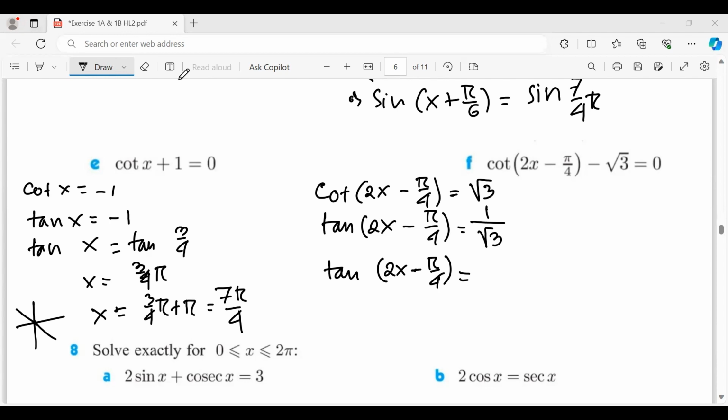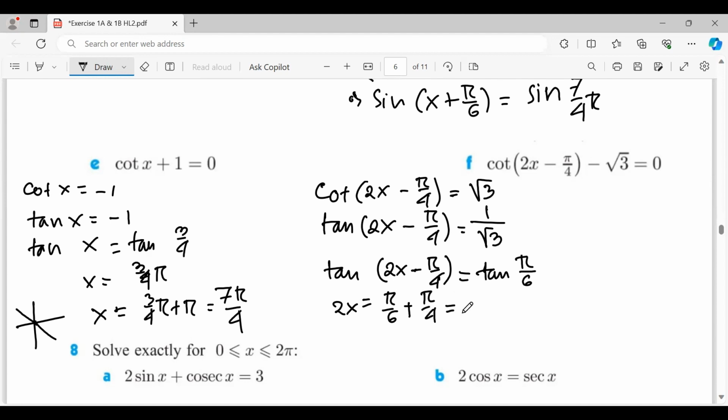So it is 30, which is pi over 6. So it means 2x equals pi over 6 plus pi over 4.